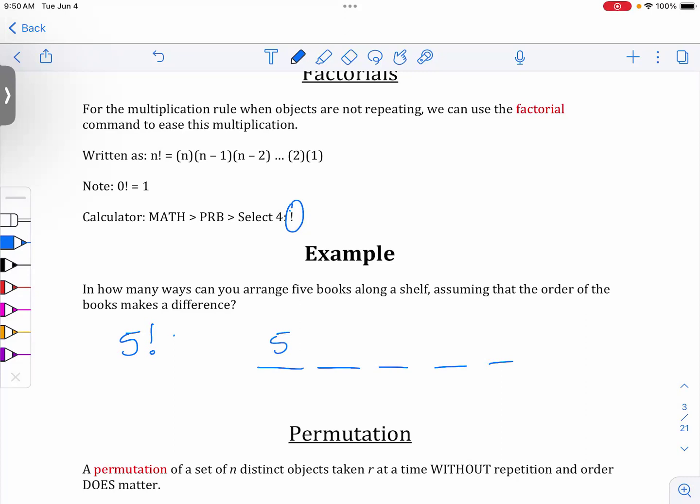Then in the next spot, now I have 4 books, and then 3 books, and 2 books, and 1 book. And you multiply these possibilities together. And that's actually what a factorial does. So a lot of times we don't even have to write out the factorial. I just do the blank method and then just multiply 5 times 4 times 3 times 2 times 1. And that gets us 120 ways.